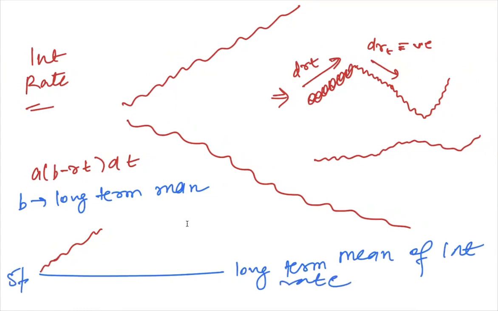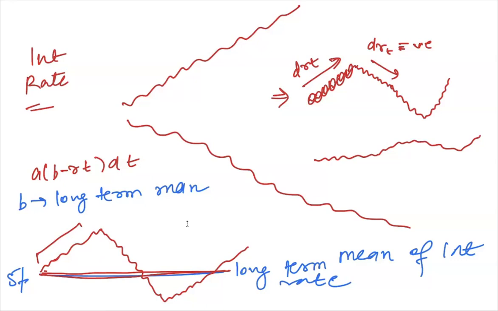If we saw a period of high, then it will come down, and again it will go up. So it will always oscillate around a certain mean of the interest rate.